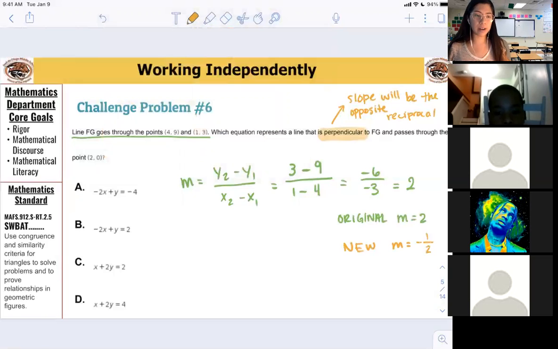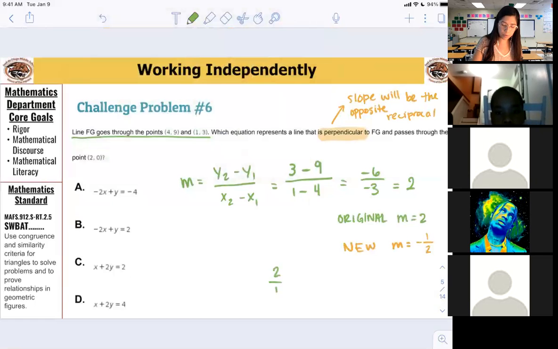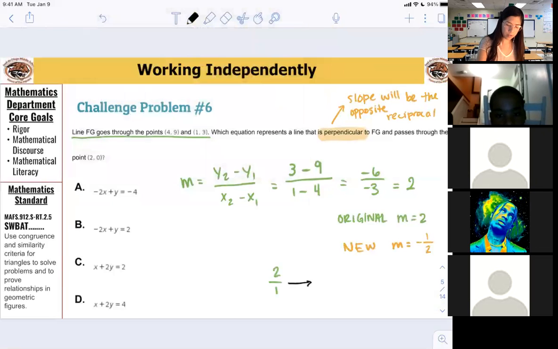So the 2 has to now be in the denominator. -2 is just the opposite, but the opposite reciprocal would be -1/2. Questions on that? You can also think about it this way. 2 is the same as 2 over 1. So when you flip it, that would be 1/2. All right. So now I know my new slope has to be -1/2.